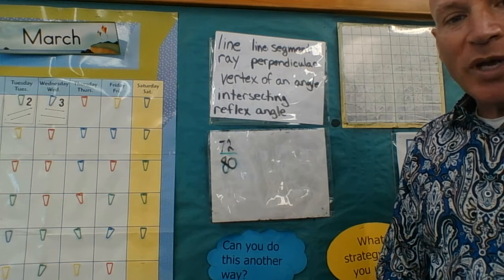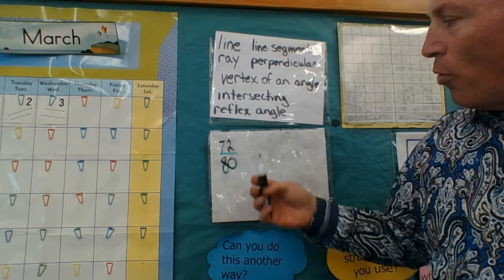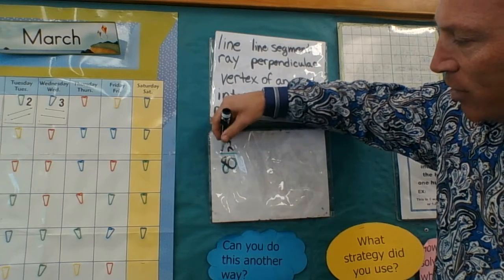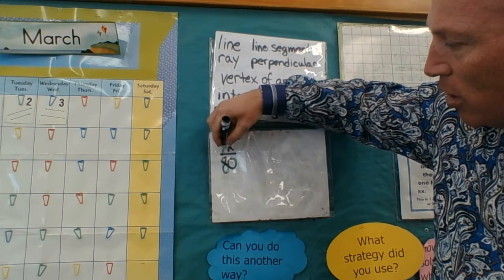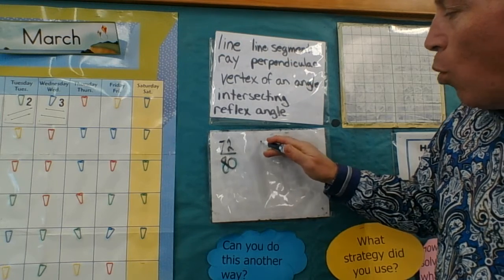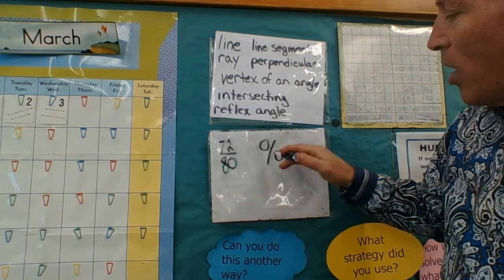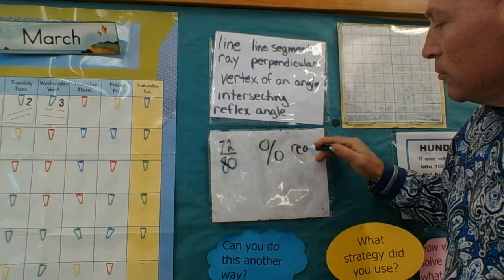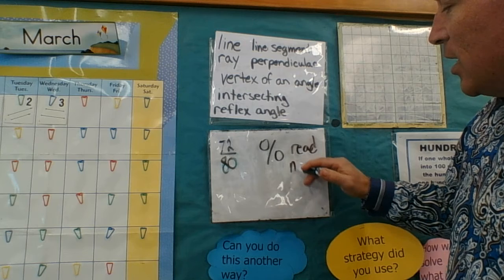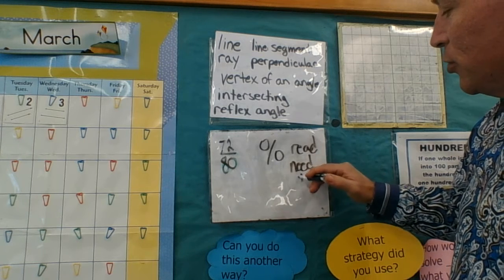So what we could do is ask two types of questions, using percents, that is. Knowing that our fraction is 72 chapters that we've read out of 80, we could ask what percent of the book have we read? We could ask what percent we need to read.